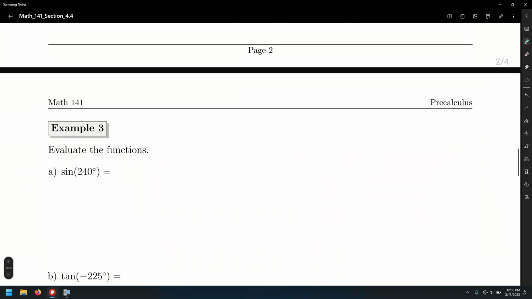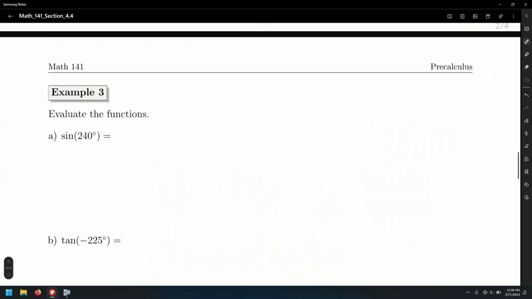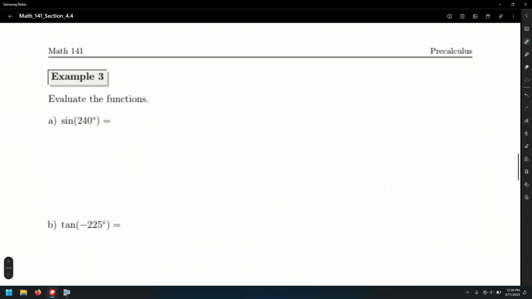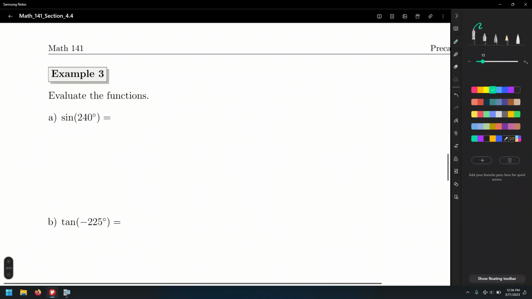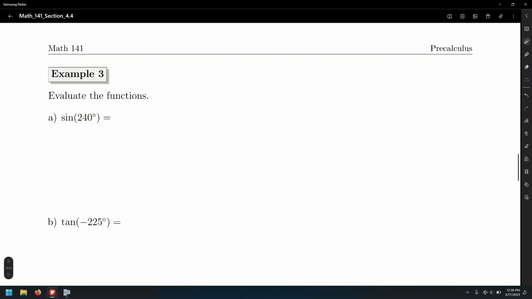Well, you'll see. Evaluate the given function, sine of 240 degrees. So for sine of 240 degrees, let's draw a Cartesian plane first and draw the 240 degree angle. The 240 degree angle is going to go past the 180 degrees.